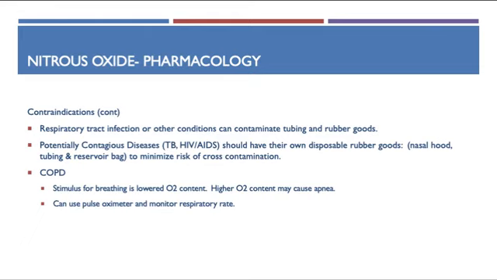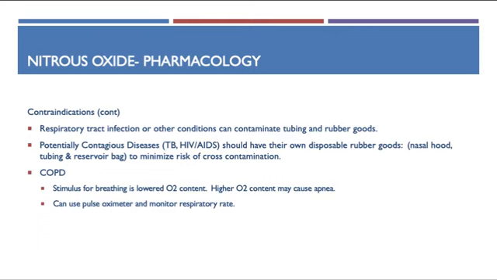This is not necessarily a relative contraindication, but just a reminder that OSHA standards require that any disposable goods used in the administration of nitrous oxide be disposed of after use on patients that have potentially contagious diseases such as tuberculosis, HIV, and so forth.